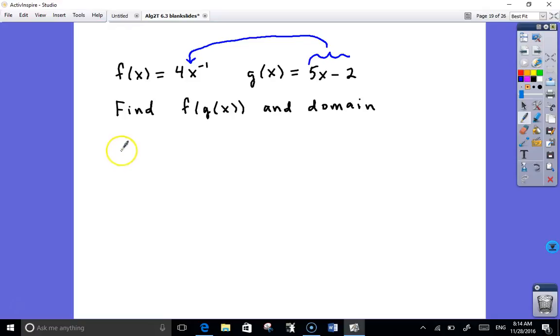So what's that going to look like? F of g of x, right, is going to look like 4 times 5x minus 2 raised to the negative 1 power.